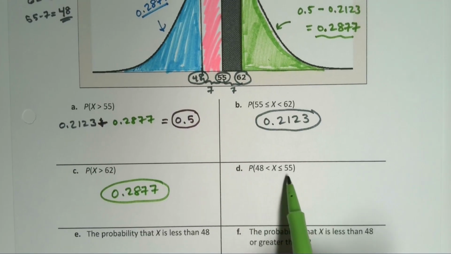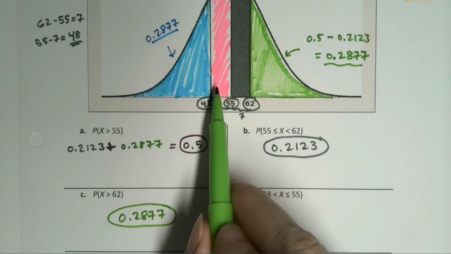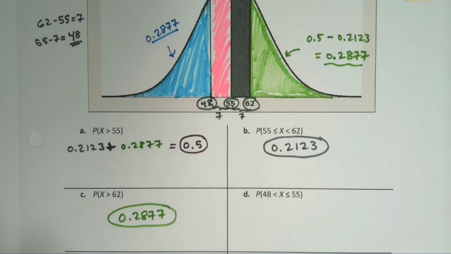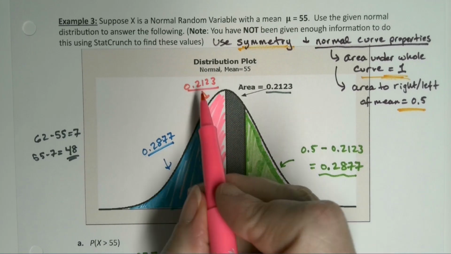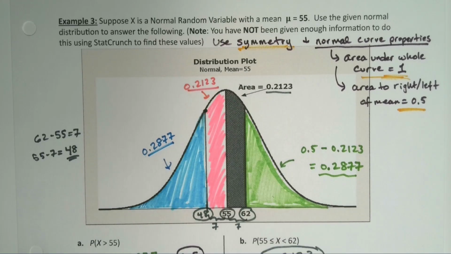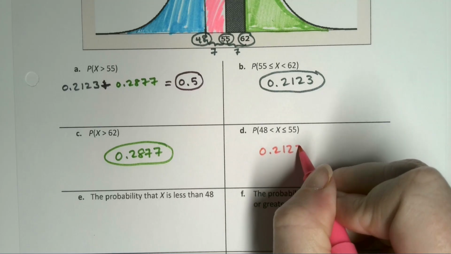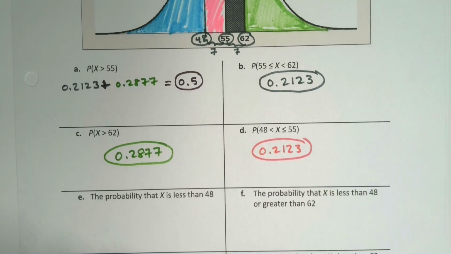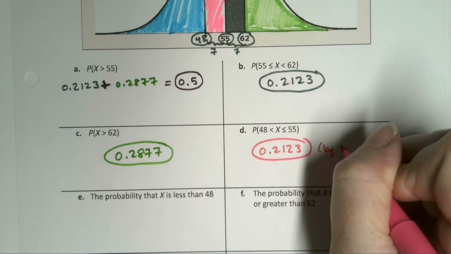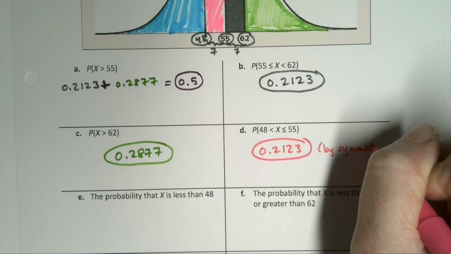All right, what about 48 to 55? 48 and 55 is right here. It's this pink section, which we already know what that is because by symmetry it's the same as the charcoal section. So that's also 0.2123 by symmetry. I mean, all of this is really by symmetry, but that one in particular.